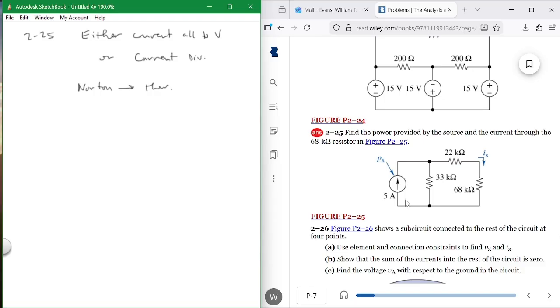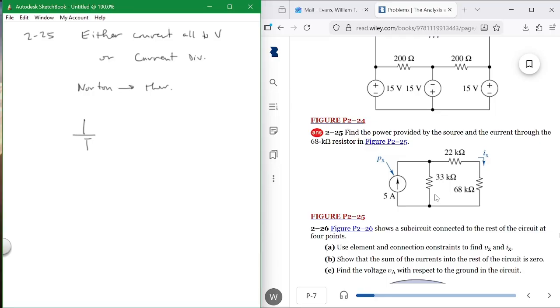All right, so one way to see this is to convert this. You see this is a Norton to a Thevenin. So let's just do that. What would be the Thevenin equivalent of that? What's my voltage supply? If I replace this with a voltage supply, what would be the voltage supply? This times this.